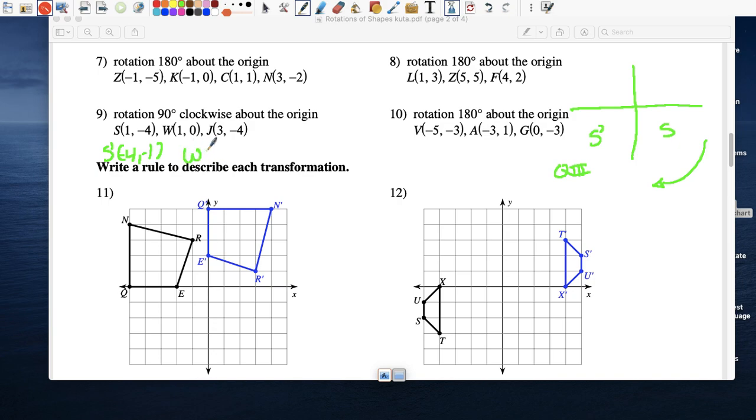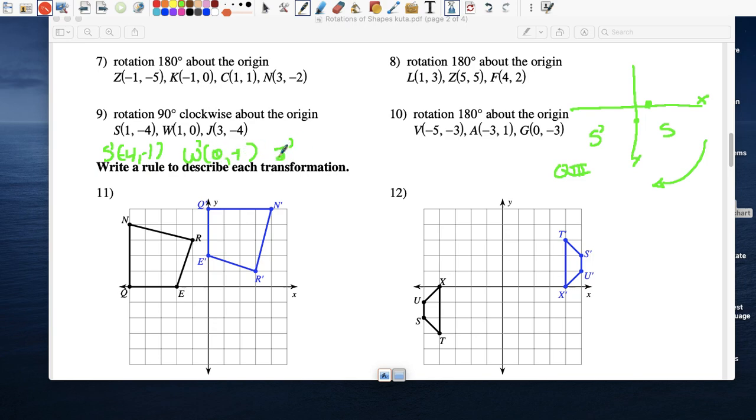W is 1 and 0, and then W prime. So where's 1 and 0? 1 and 0 is right here. It's going to go from this x-axis to this y-axis. So it's going to go from here to here. And over here, the coordinate is 0 and negative 1.